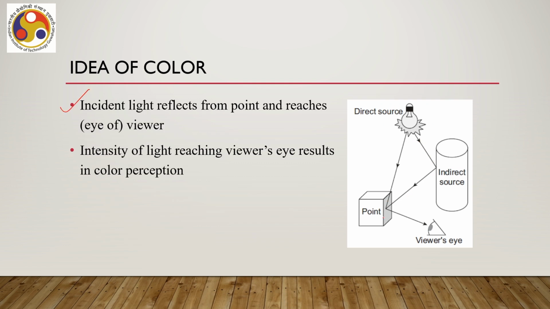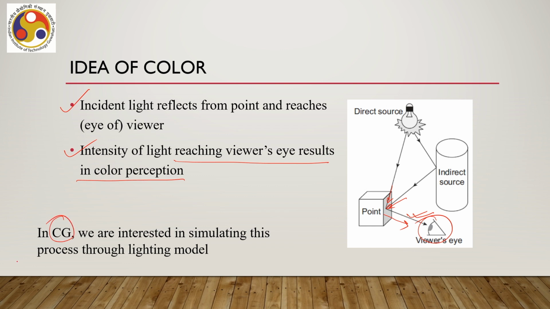Incident light then reflects. So, whatever light is incident at this point gets reflected and comes to the viewer's eye. The intensity of light reaching the viewer's eye results in color perception. Whatever is the intensity of this reflected light determines what color the viewer is going to perceive.